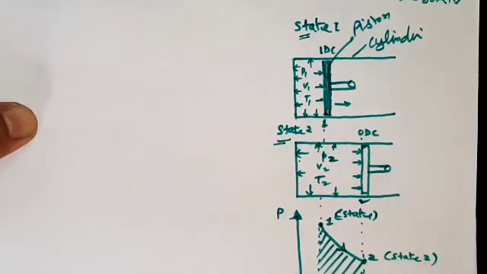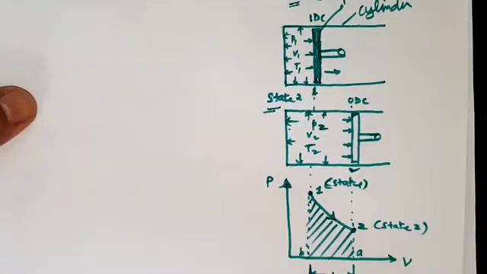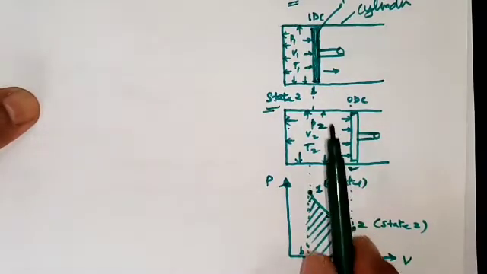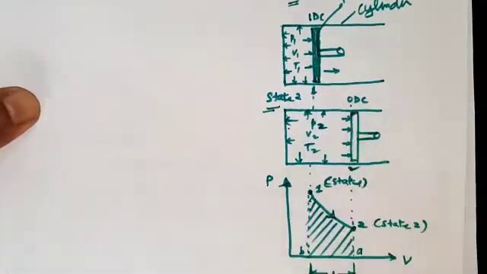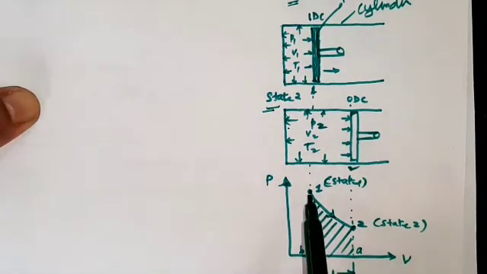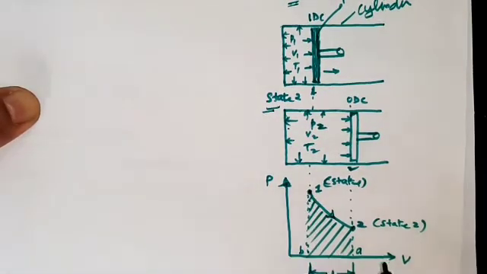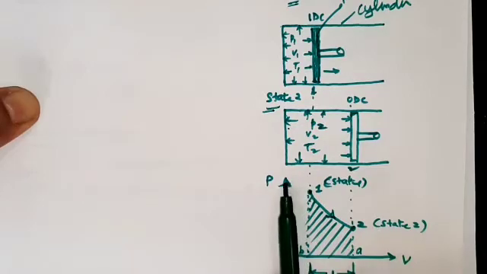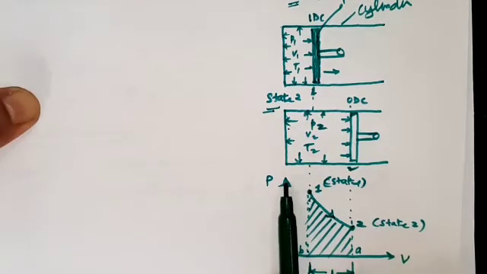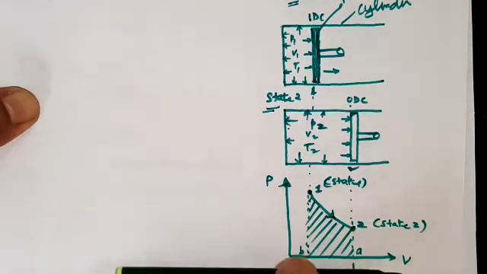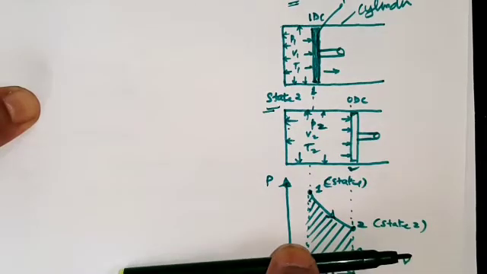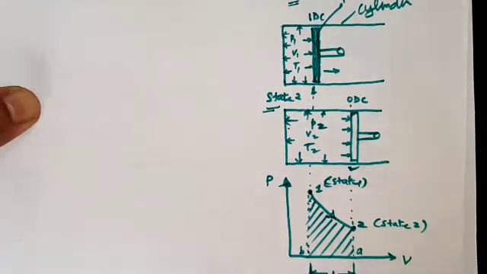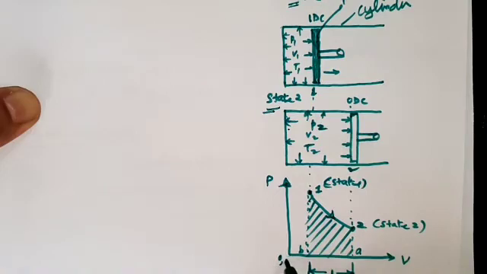Okay, so here you can see when this piston is moving IDC to ODC, this is state first and this is state second of this piston, and this vertical line is indicating pressure variation and this horizontal line is indicating volume variation, and this is the 0 point, origin point.